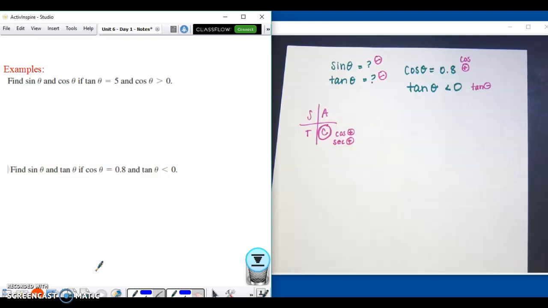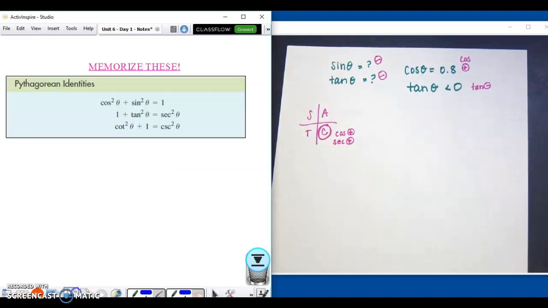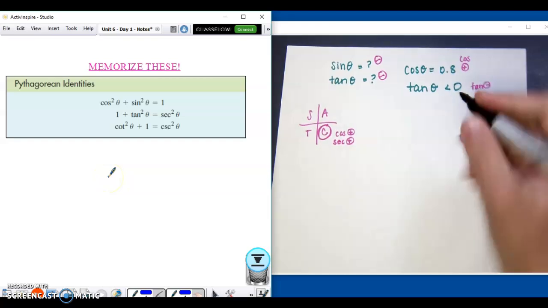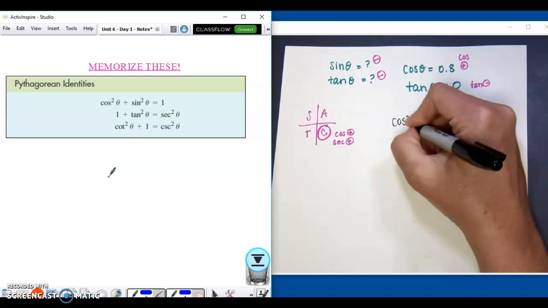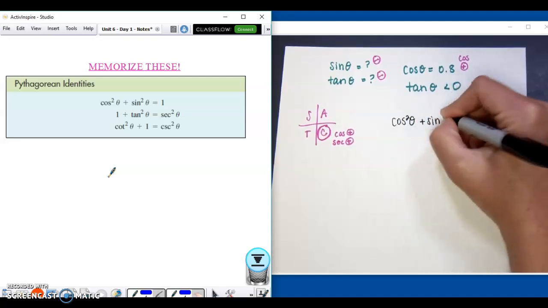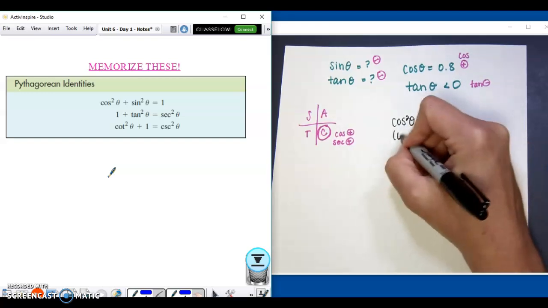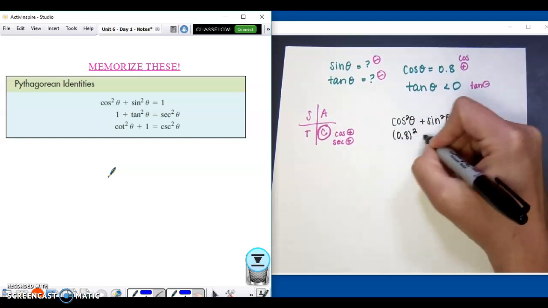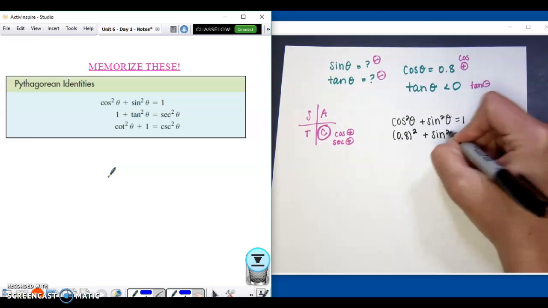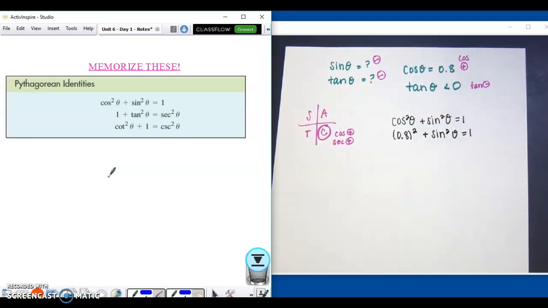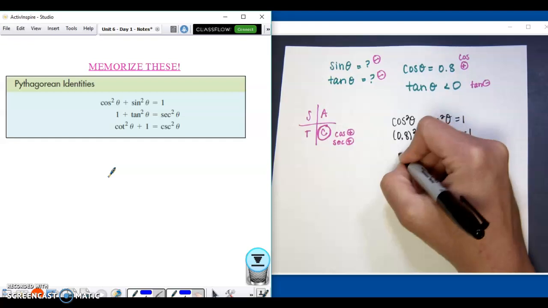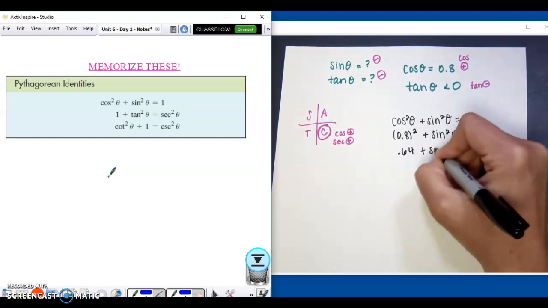So my answer for sine should be negative, and my answer for tangent should be negative when we get those answers. Okay. So I'm going to go back to my Pythagorean Identity. They're giving us cosine, so I'm going to use the top one, cosine squared theta plus sine squared theta equals 1. Okay, cosine theta is 0.8, so it's going to be 0.8 squared plus sine squared equals 1. 0.8 squared is 0.64.